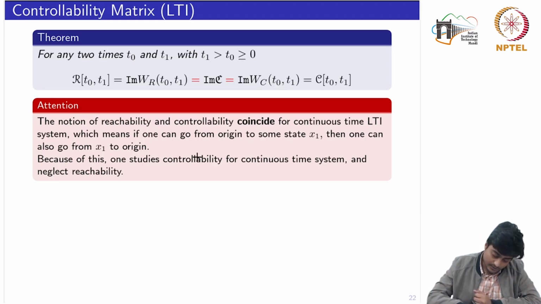If one can go from the origin to some state x1, then one can also go from x1 to the origin, which is not generally true for LTV systems. That's why we carry out the analysis of both the subspaces. Because of this, one studies controllability for continuous time systems and neglects reachability. So for the LTI system, we will mostly study controllability, but whenever we are discussing time varying systems, we'll see the analysis of both the subspaces.